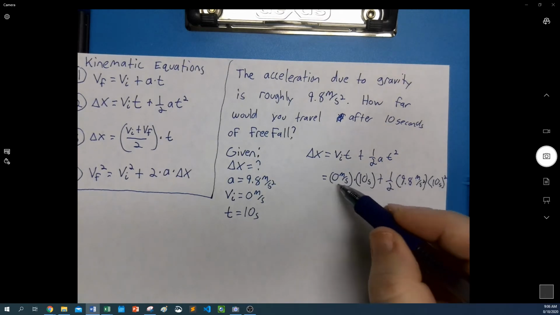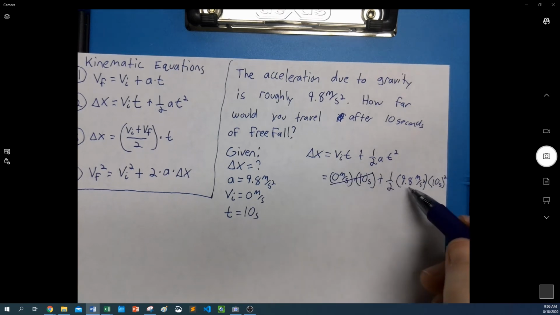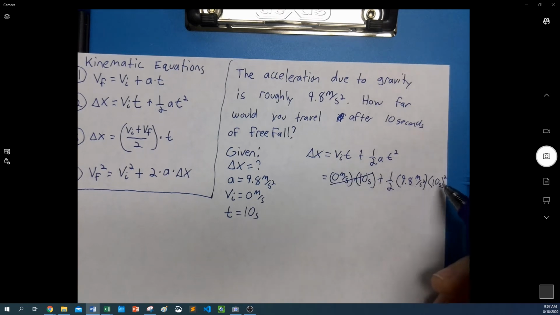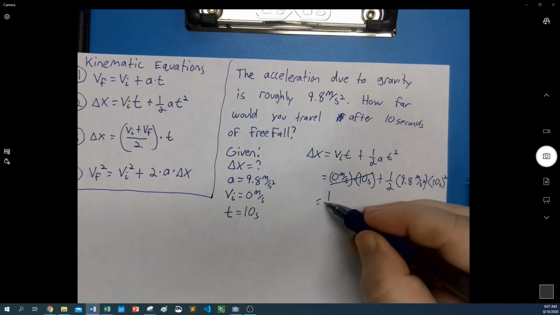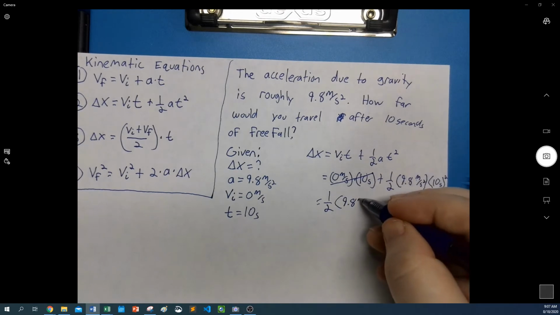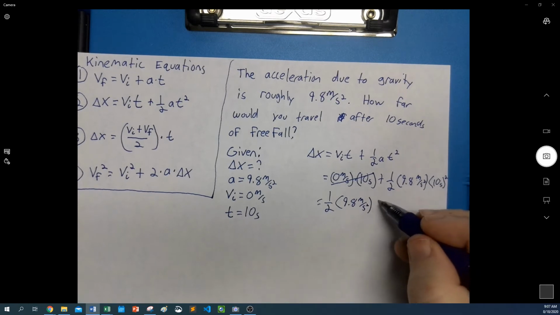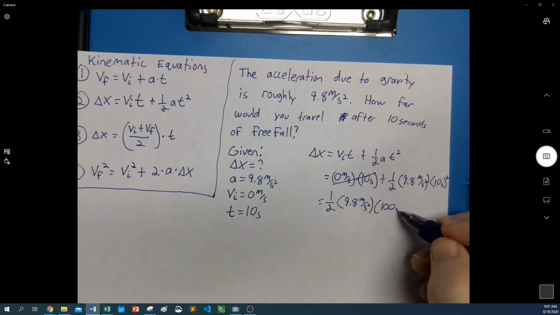So 0 times 10 is 0. 1/2 times 9.8 times 10 squared. So that would be 1/2 times 9.8 meters per second squared. 10 squared is 100 seconds squared.